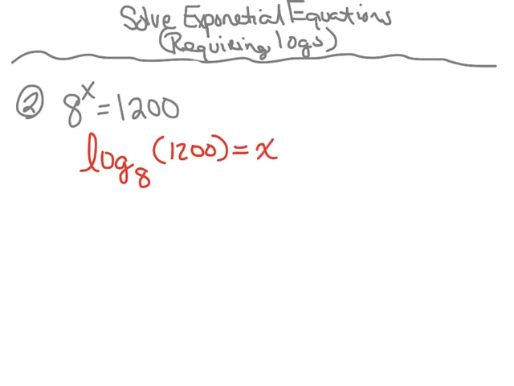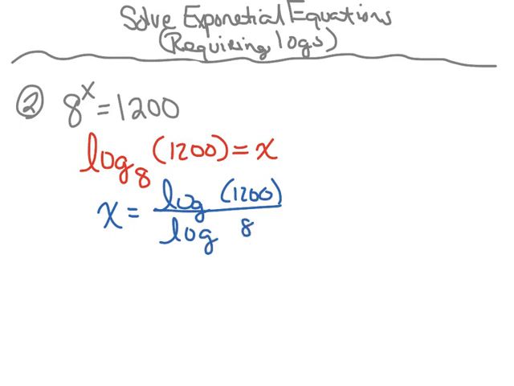So all I've done is rewriting the exponential as a log. Now what we're going to do is use that change of base property. So it says that x is going to equal the log of 1,200 divided by the log of 8.